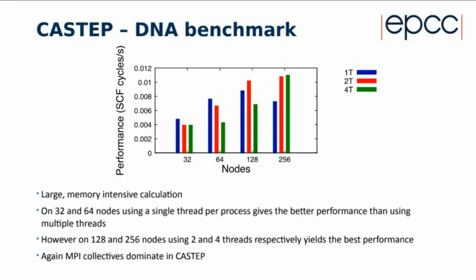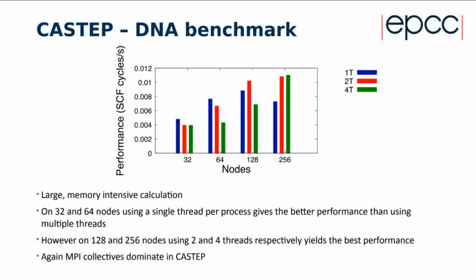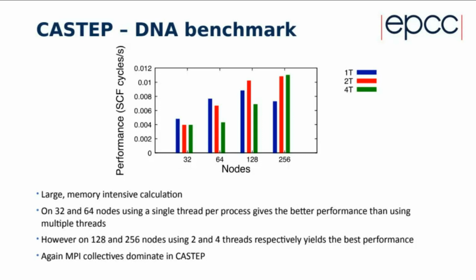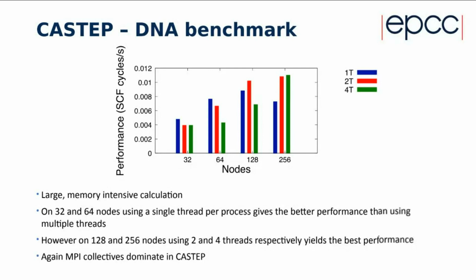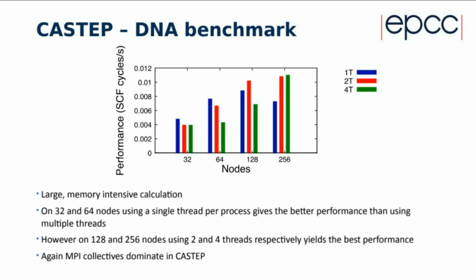So moving on to CASTEP, this is the DNA benchmark. This is a larger, memory intensive calculation. On 32 and 64 nodes, you can see that the performance here is better with 1 thread. This is performance rather than runtime, so a bigger value is better.